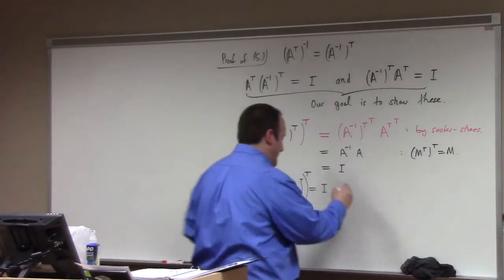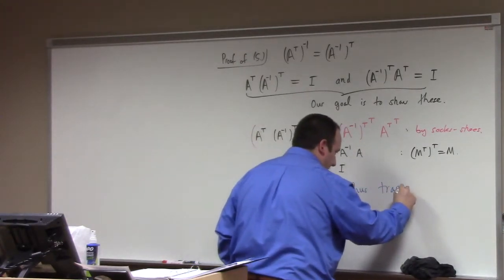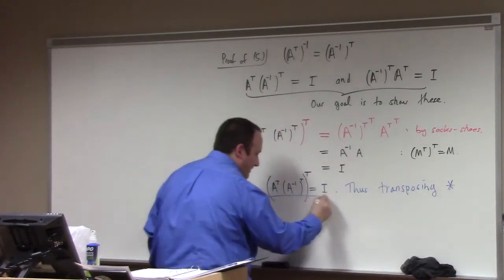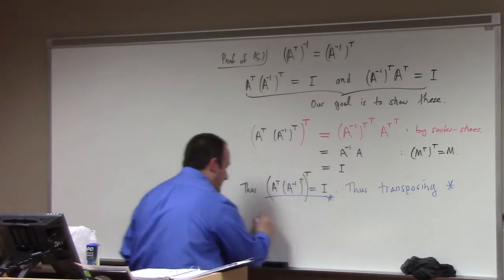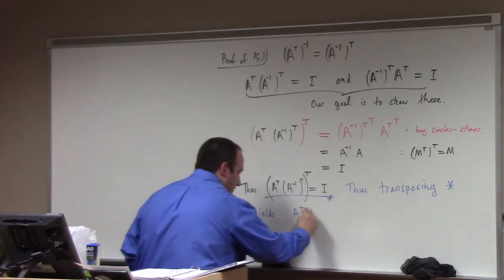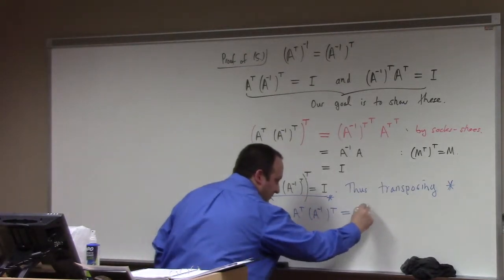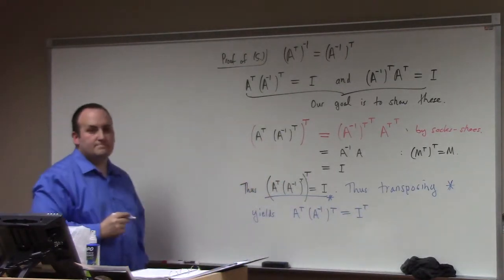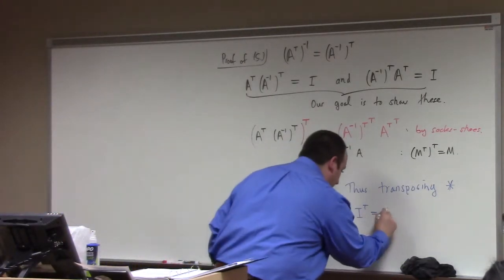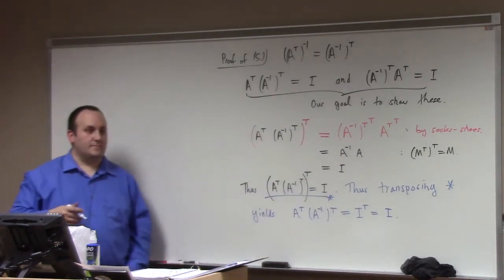Thus, transposing star yields what? A transpose times A inverse transpose is equal to I transpose. But what's I transpose? Right, I. The identity matrix is symmetric. So there you go.